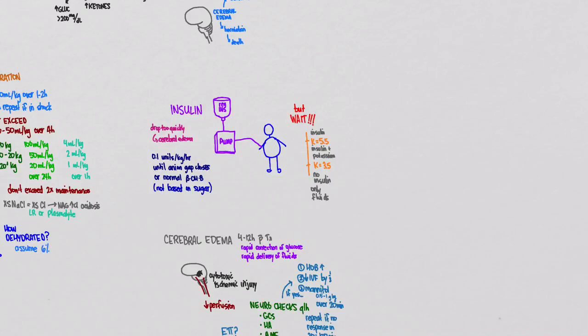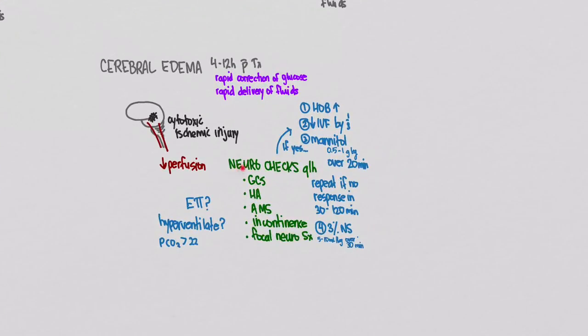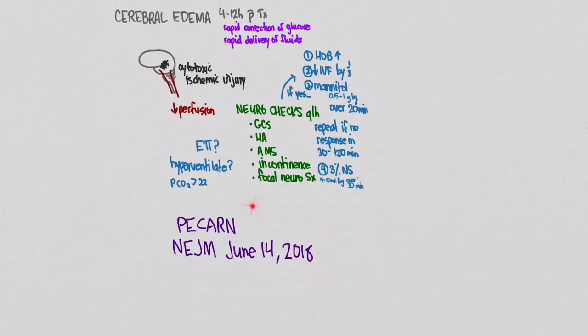Now the thing that we want to worry about is cerebral edema, and so we're going to want to check for that. We're going to do Q1 hour neuro checks, and if we do find that there is a problem, there's a bunch of things we can do in order to try to ameliorate any possibility of cerebral edema.